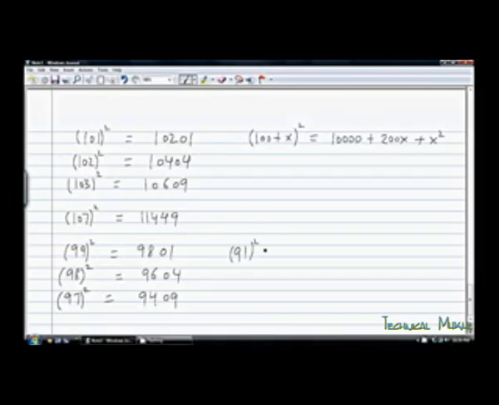So 91 square is equal to, 9 times 2 is equal to 18, and 100 minus 18 is equal to 82. I'll write 82 here, and then 9 square is 81, so I'll write 81 here, so 8281.